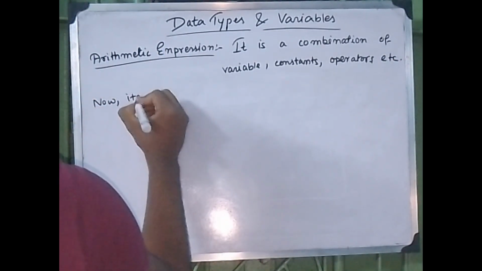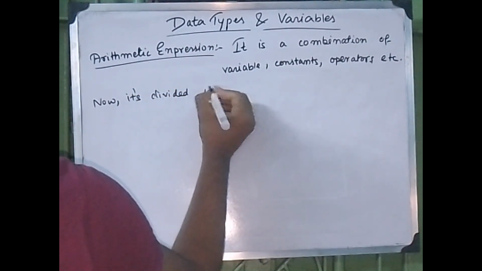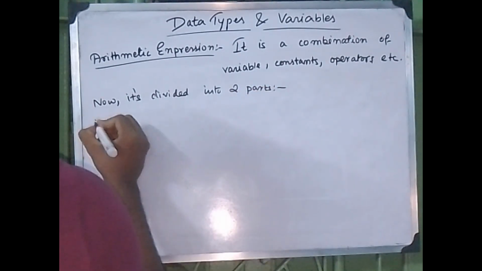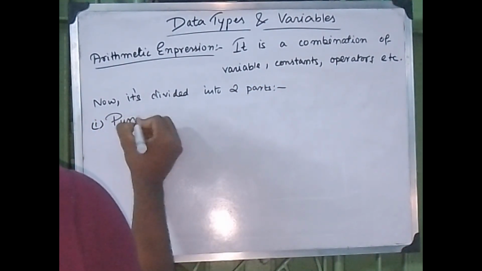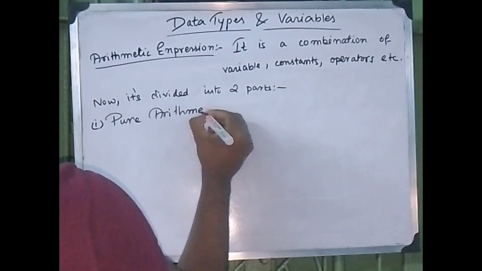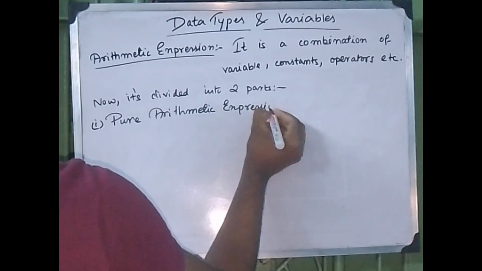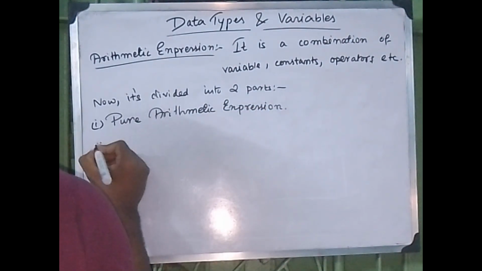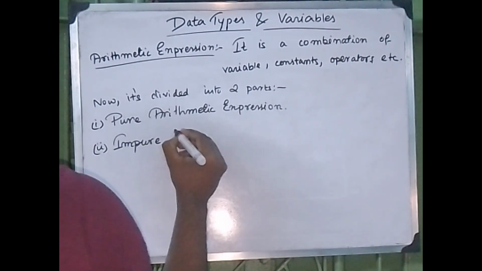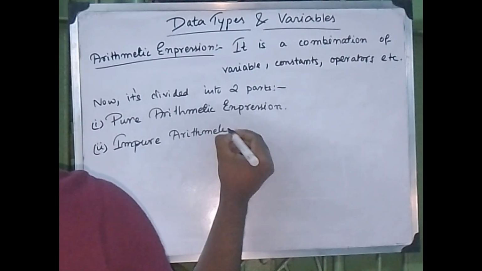In Java, arithmetical expression is broadly classified into two major categories, that is, the first one is pure arithmetical expression, and the second one is impure arithmetical expression.